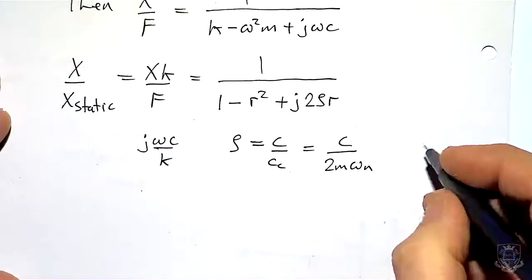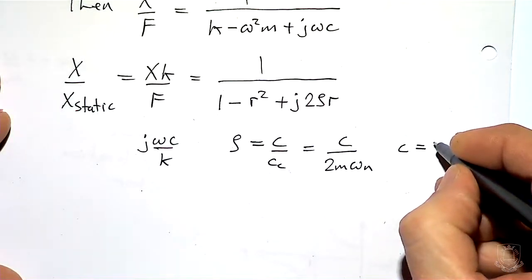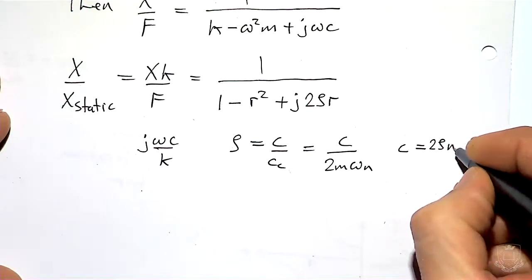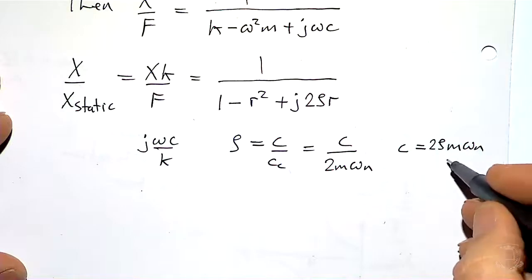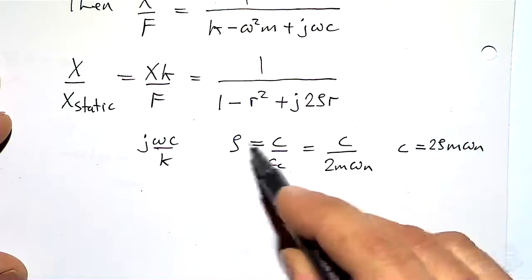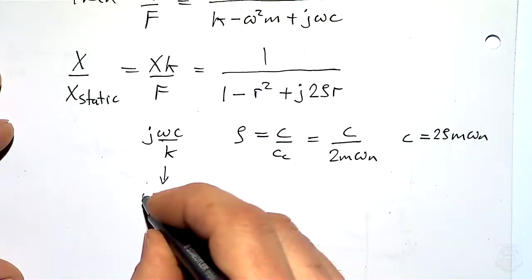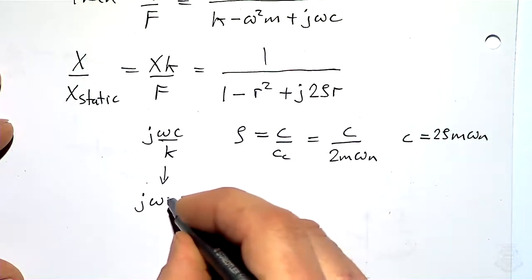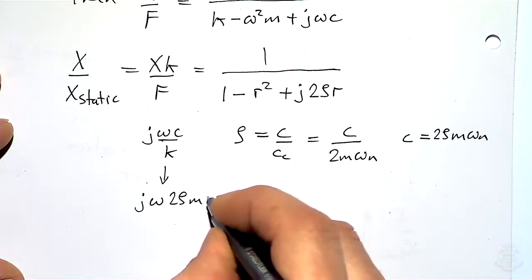So that means that c is equal to 2 zeta m omega n. Okay, so this is just rearranging this relationship between zeta and c. So this thing here, the j omega, we can replace that c now with 2 zeta m omega n.